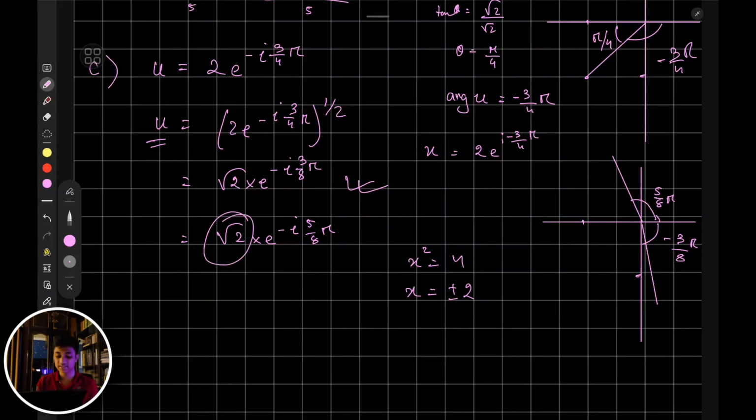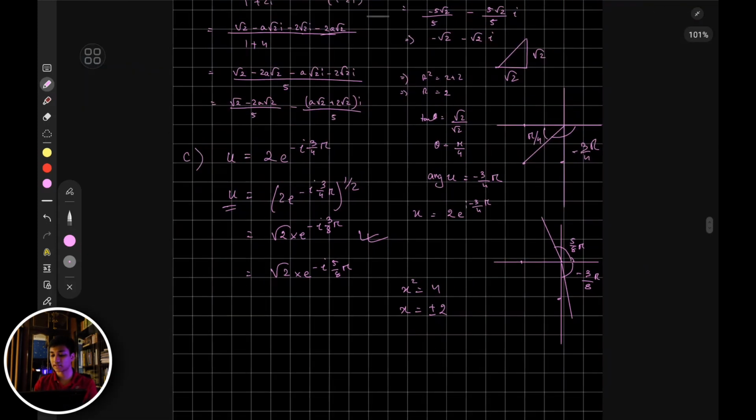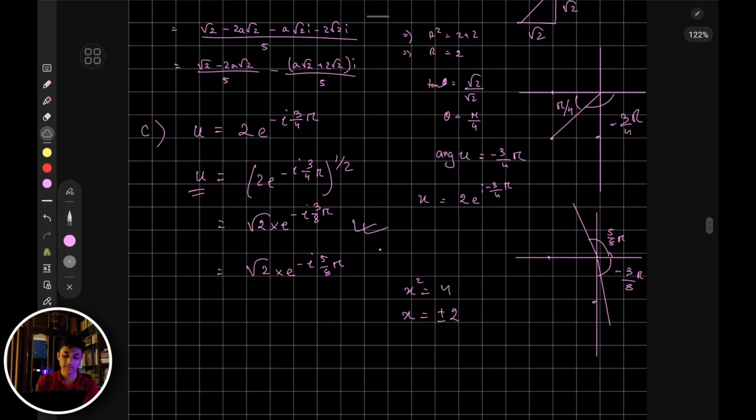Putting a minus in front of the r is not going to affect anything. Why? Because r is basically the magnitude, the displacement. The minus is not going to affect that. However, theta is the only part that can be affected by the minus sign.